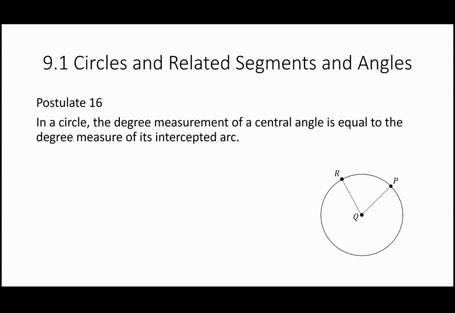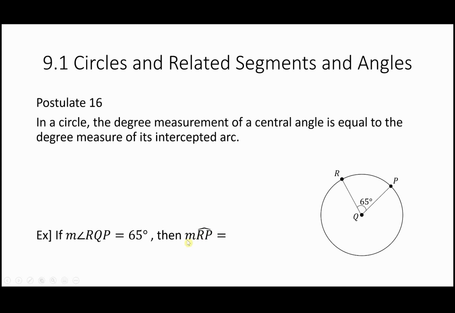Yes, so arcs have measure and angles, of course, have measure. We already knew this. So let's entertain a quick example to illustrate postulate 16, noting this figure right here. If the measure of the central angle RQP is 65 degrees, then what is the measure of arc RP?